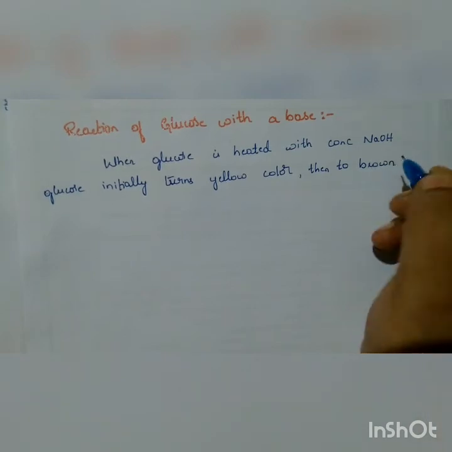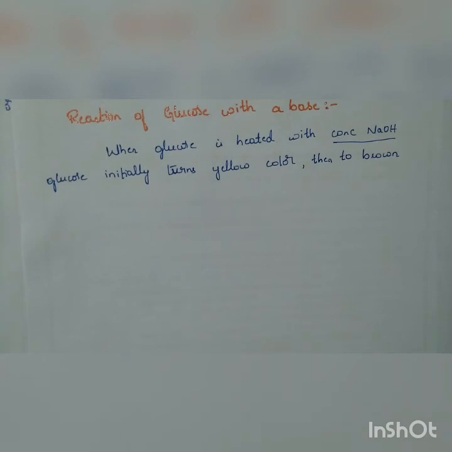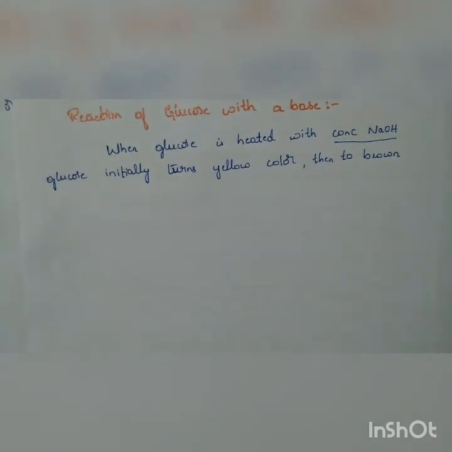This is with the concentrated NaOH. If it is treated with concentrated NaOH, there is a color change: initially it is yellow and then it turns to a brown color.